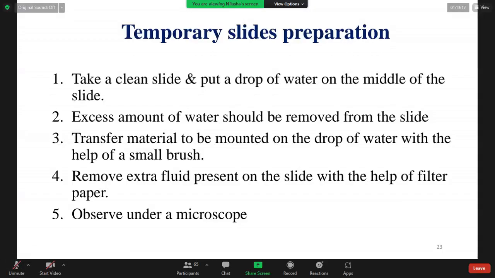Then Nilusha miss will clarify your doubts. Please don't keep your doubts in your mind. Some people ask questions related to the previous practical in the next practical. It is not worthless, no? Please ask the question here. If you have any doubts, you can ask.